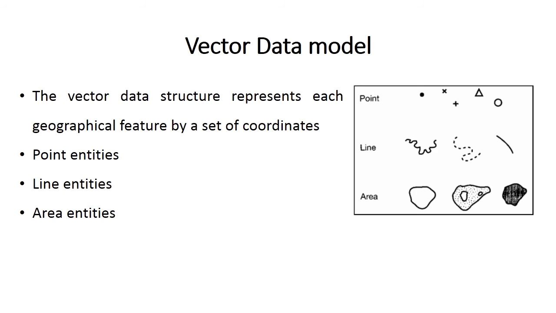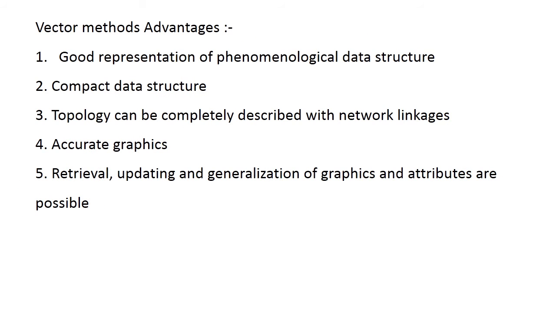Now let us see some advantages and disadvantages of vector. Advantages of the vector data model are a good representation of phenomenological data structure. The data is compact, topology can be completely described with network linkages, and accurate graphics are present in the vector data.